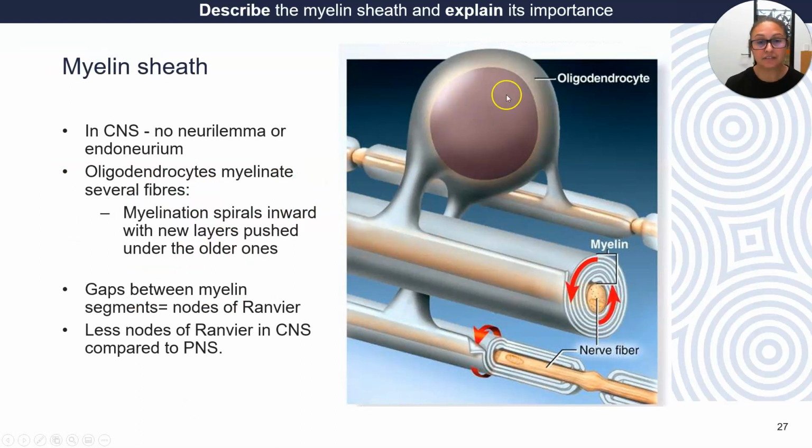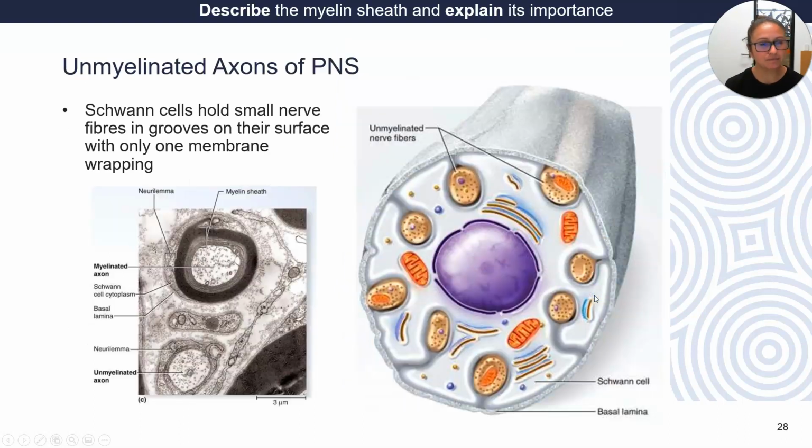So this is a different kind of myelin setup. So this is called the oligodendrocyte. This cell sits in the central nervous system, and this one wraps around the axon as well, okay? And here is another kind as well.